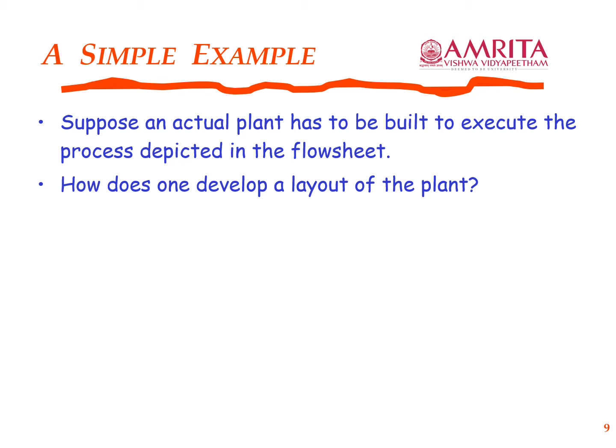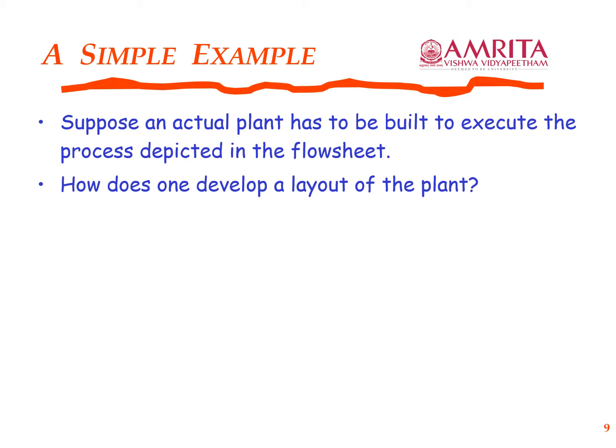There is a linear layout where you have the mixer, the Y junction, and then a reactor, which is probably some tank or some tubes, basically if it is a plug flow reactor, and then a cooler, which is some sort of a heat exchanger, and then a distillation column. You place one right after the other, and then you take the top product and pipe it all the way to the left end, which is your Y junction.